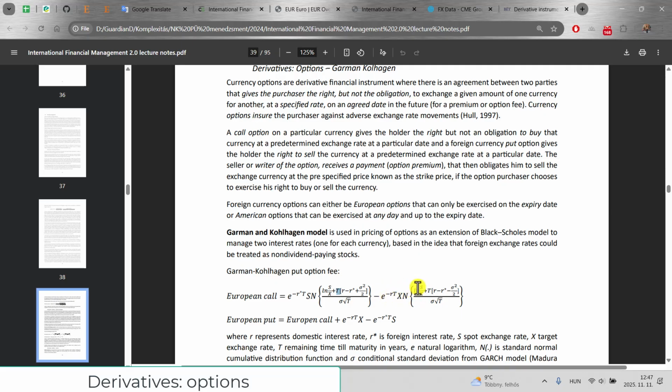And of course, there is the target. Sorry, this is the spot price, and X is the target rate here. Obviously, if we are fixing at a distant exchange rate, then it will be more expensive. And if we are close to the current spot rate, then we can also cut costs.